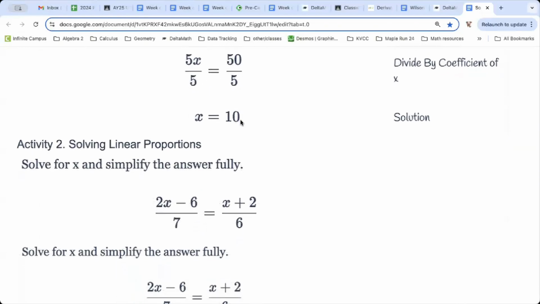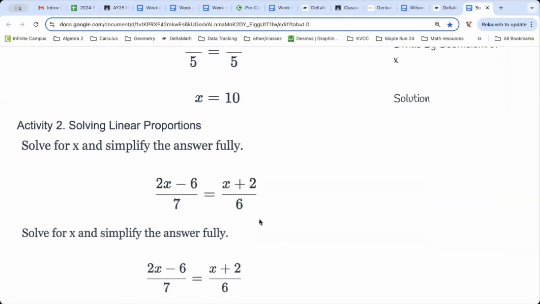Instead of just simply 5x there, we might have expressions involving a linear expression, almost like slope-intercept form. So one linear expression over another linear expression. Recognize those are linear proportions.